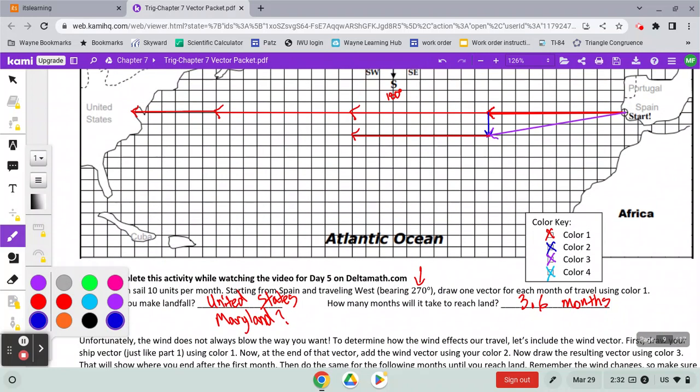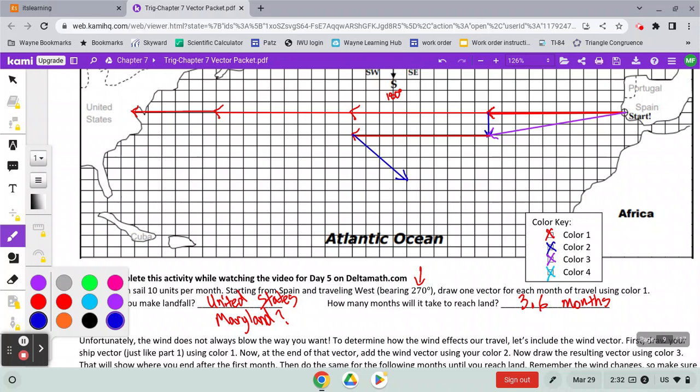We could do this as 2 vectors, or we can just do it as 1. So we could do 1, 2, 3, 4 units to the east, and then 1, 2, 3, 4 units south. I'm just going to do it as 1 vector. If you want, you could draw 2 vectors, a horizontal and a vertical one there, but I'm just going to do it as 1 vector, okay?